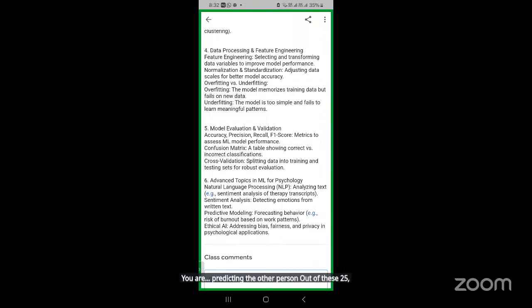The stress level or whatever variables you have taken. That means whatever your model, that model is important for predicting another group from which you have not collected the data initially.